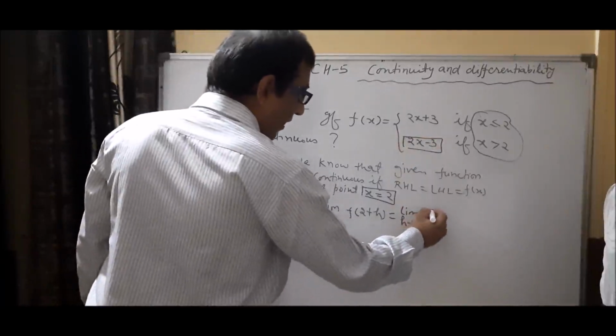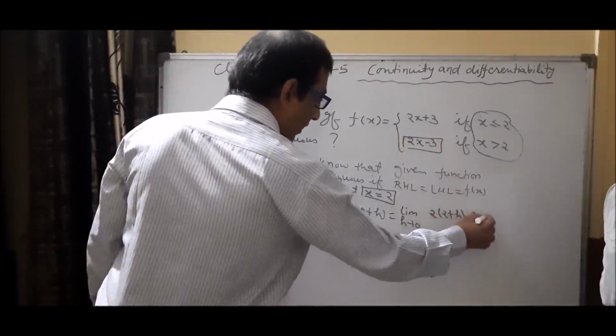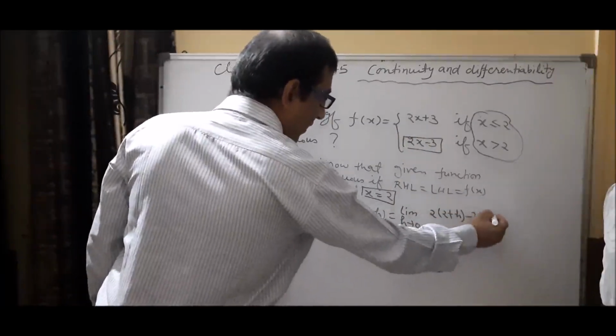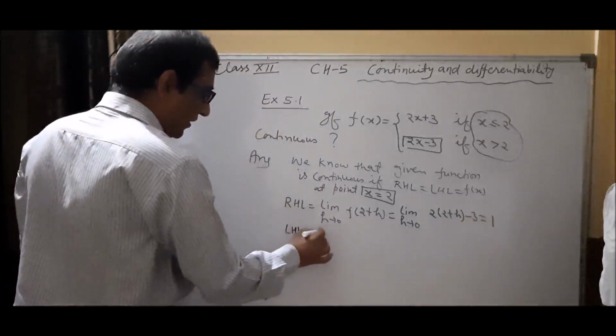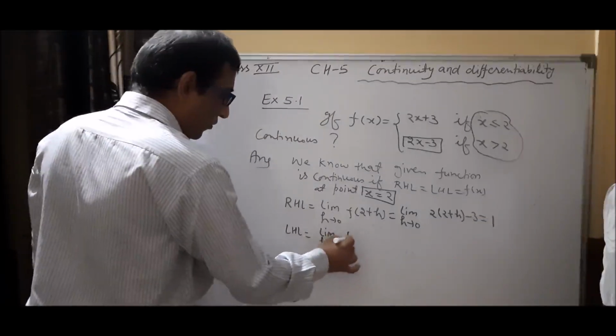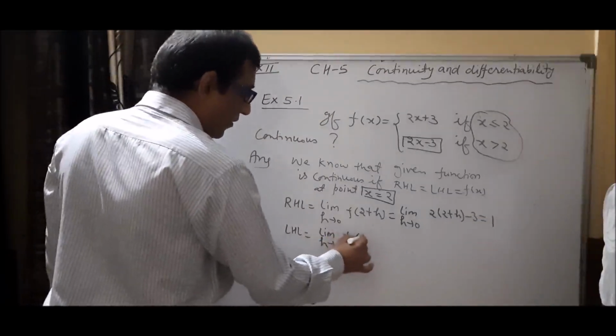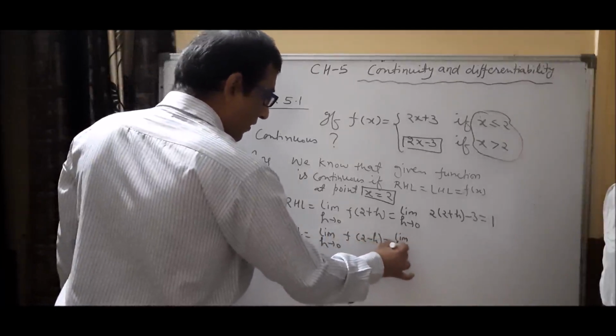It means it can be written as 2 plus h minus 3, and when we solve it we will get 1.